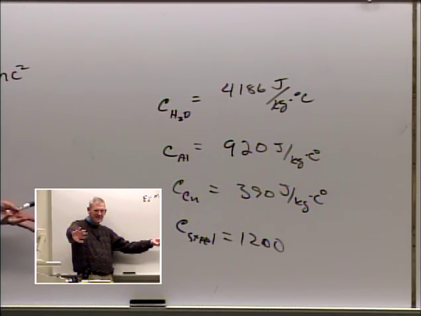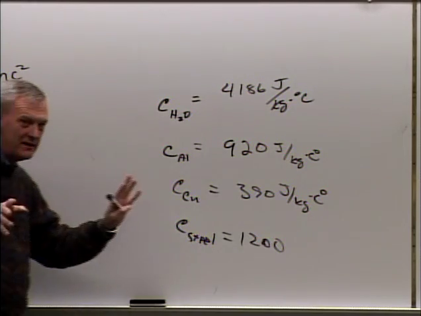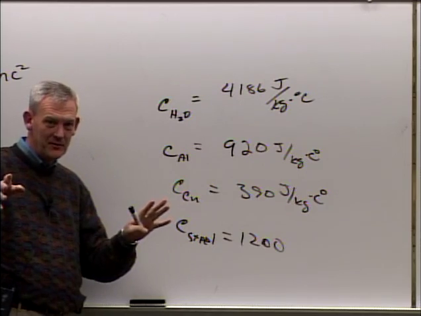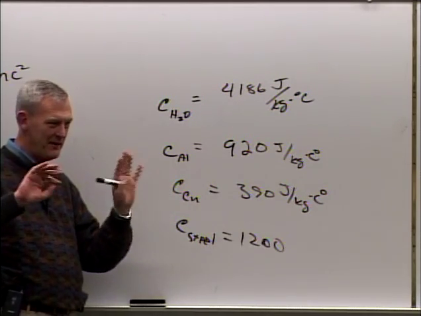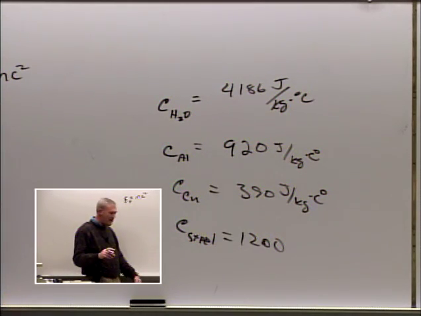Why is it a good conductor of heat or electricity? Same thing. Materials that are good conductors of electricity are also good conductors of heat. Normally, I'm sure they've got some that aren't, but for the most part, why is that the case? What makes a good conductor?